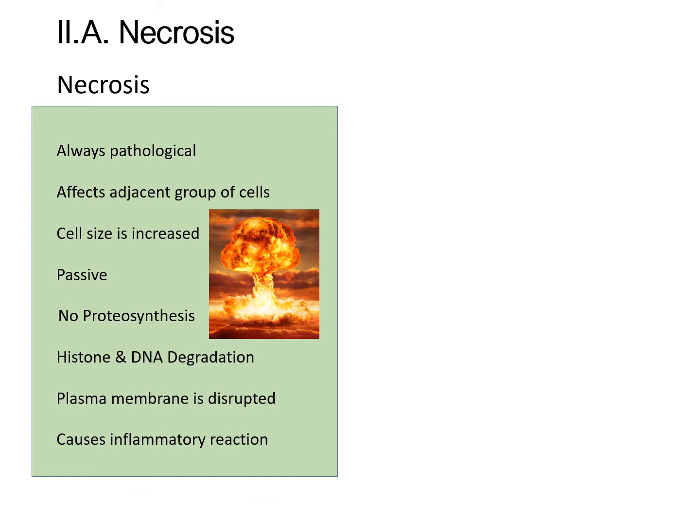The cell size is usually increased during the necrosis process due to cell swelling, but it's considered a passive process because it's not caused by de novo protein synthesis. However, there are some traumatic processes that include histone and DNA degradation and plasma membrane disruption. And all of this ends up in inflammatory reactions or inflammatory processes.